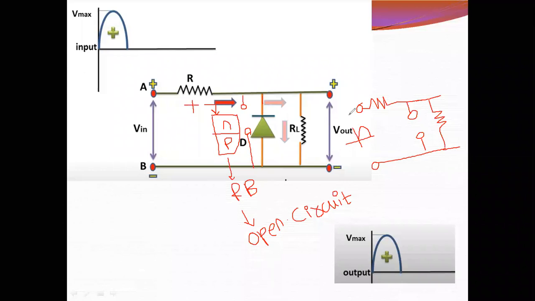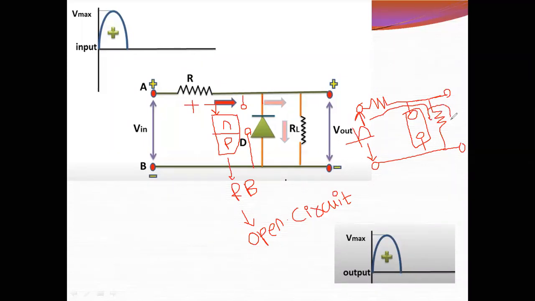See here, when I apply the input in this circuit, automatically the circuit is closed. This is not open. If it is open circuit, then in that open path there is no current flow. But here when I apply this voltage, even if the diode is open, current will choose this path and flow through this resistance.